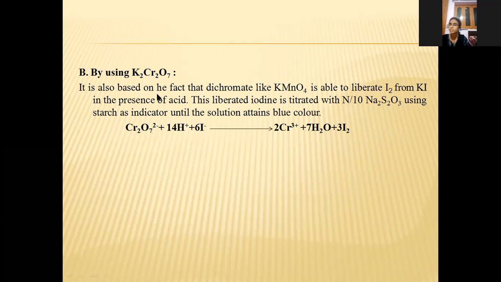It is also based upon the fact that dichromate, like potassium permanganate, is able to liberate I2, that is iodine, from potassium iodide in presence of the acid. The liberated iodine is treated with sodium thiosulfate using a starch indicator until the solution changes to the blue color.